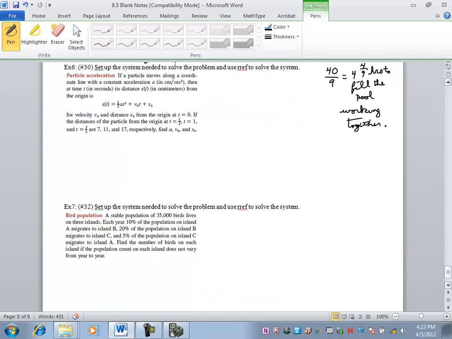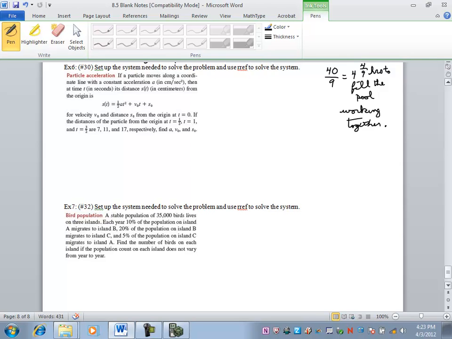It says a particle moves along a coordinate line with a constant acceleration a. Then at time t in seconds, its distance s of t in centimeters from the origin is given by s of t equals 1/2 a t squared plus v sub naught t plus s sub naught. Alright, and so we've got three equations here.